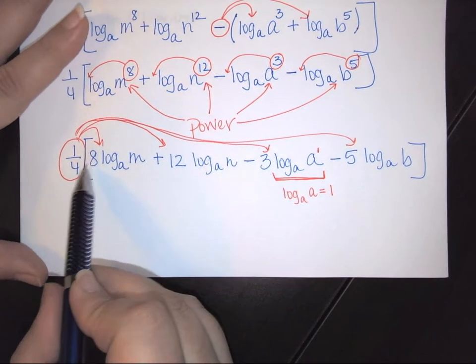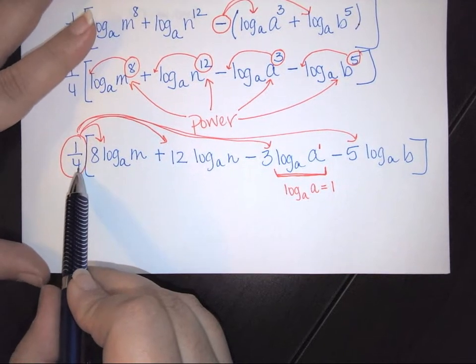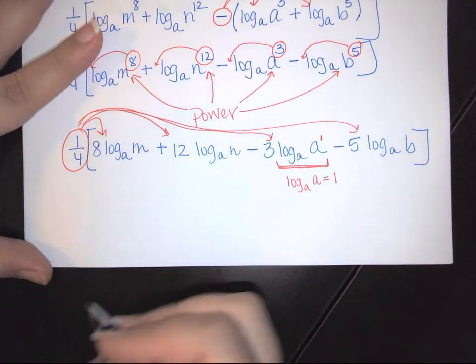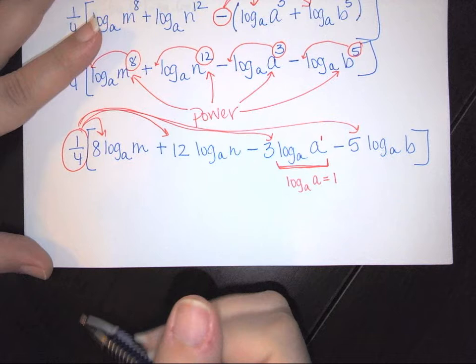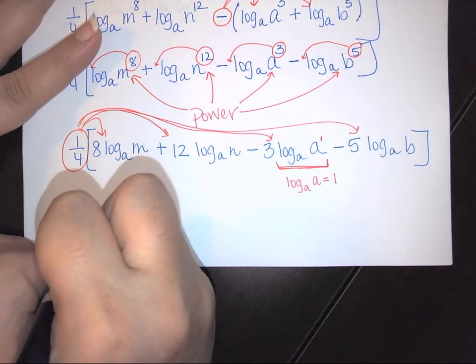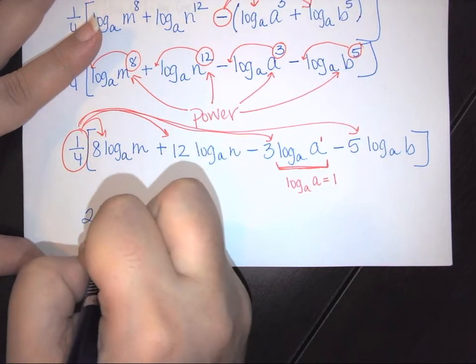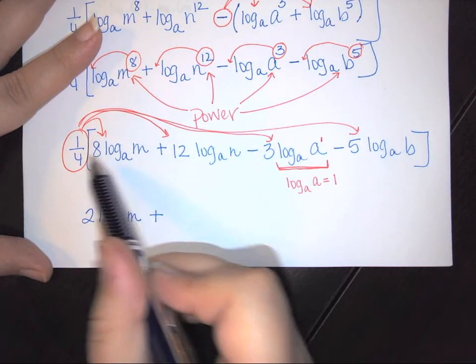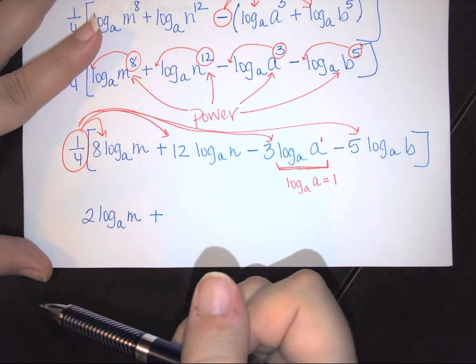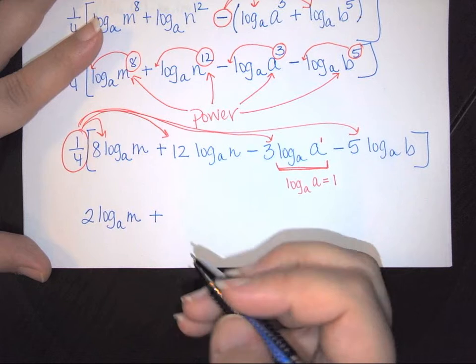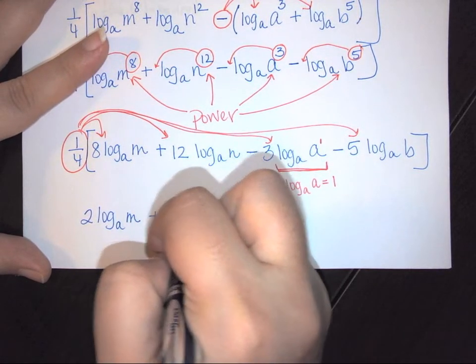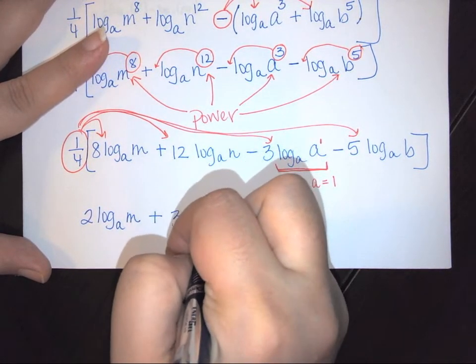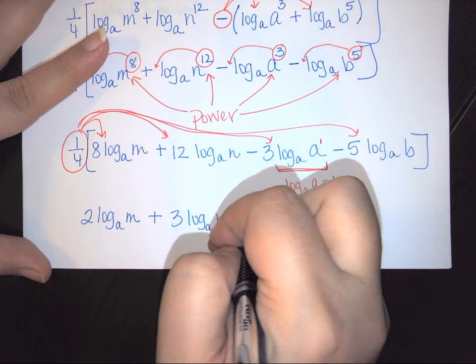So I have 8 times 1/4, which is the same as 8 over 4, which reduces to 2 log base a of m, plus 12 times 1/4, which is the same as 12 over 4, which reduces to 3 log base a of n.